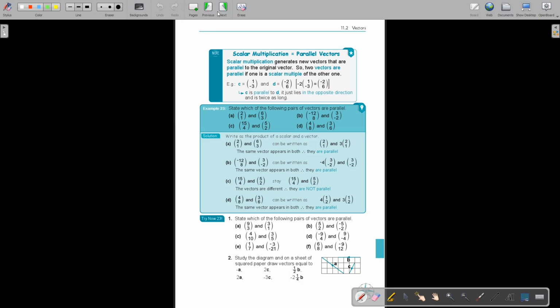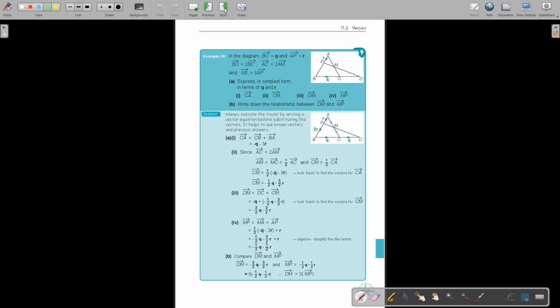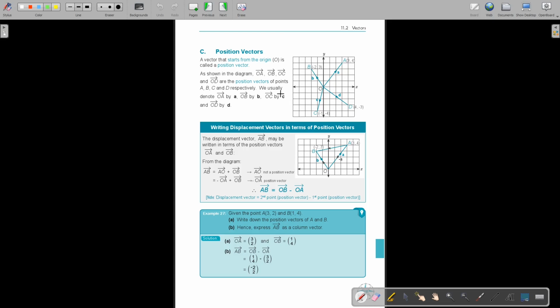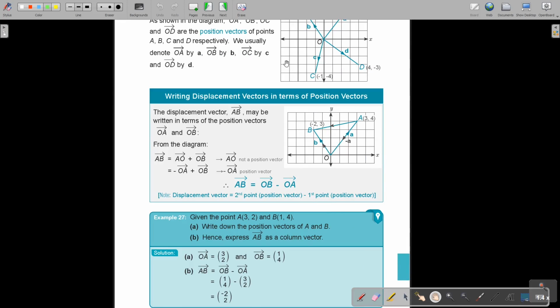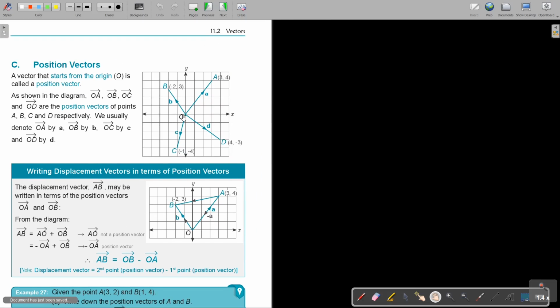Okay, I just want to show you still one thing. I want to show you position vectors. This is a very nice example, but I will do this kind of example in my exercise. I'm stopping here because I just want you to know what position vectors are. So position vectors are always from the origin.